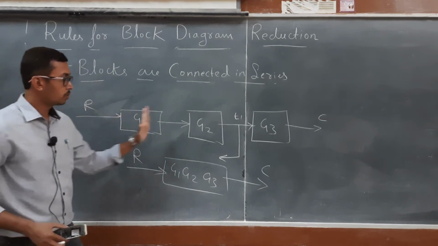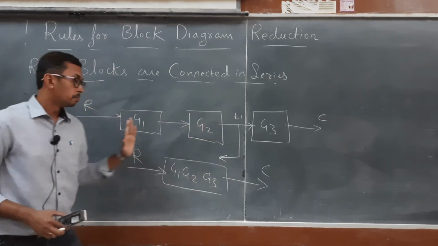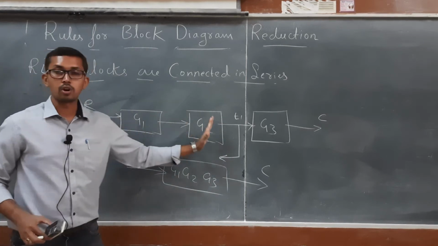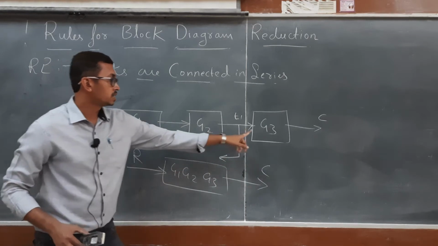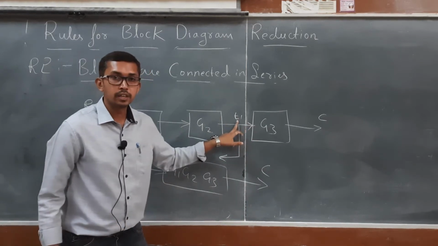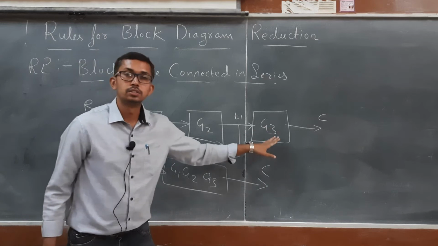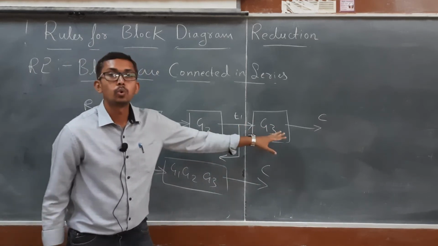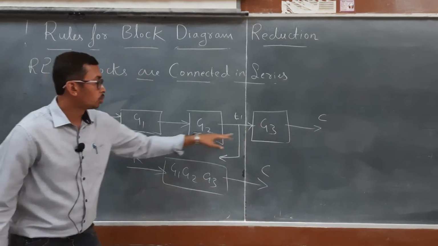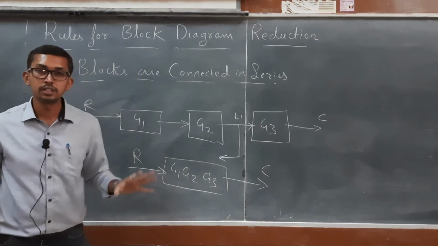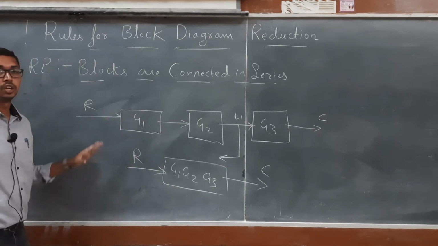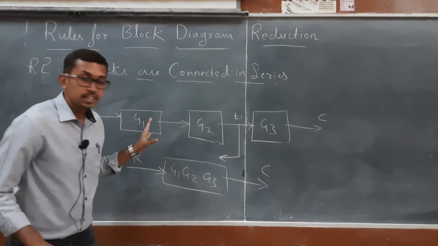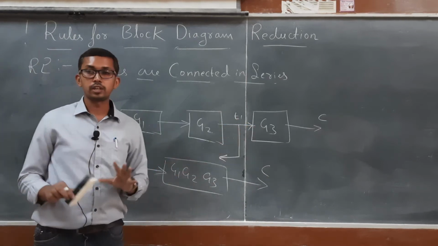Only G1 and G2 are in series, because nothing is there between block 1 and block 2. But there is a takeoff point between G2 and G3. Hence, G2 and G3 are not considered to be in series. In such a condition, only the blocks G1 and G2 are in series, whereas G3 is not.